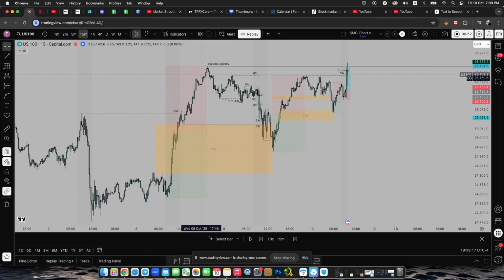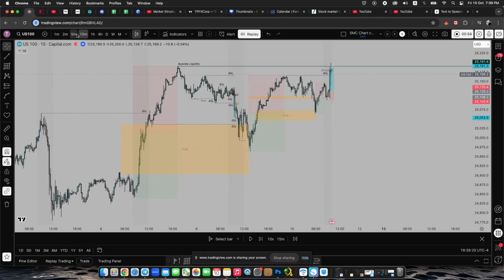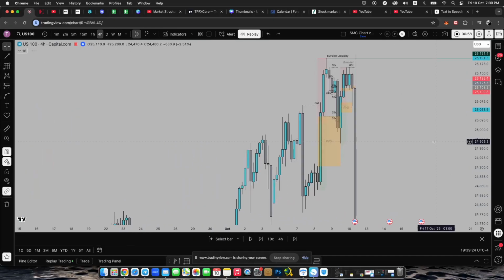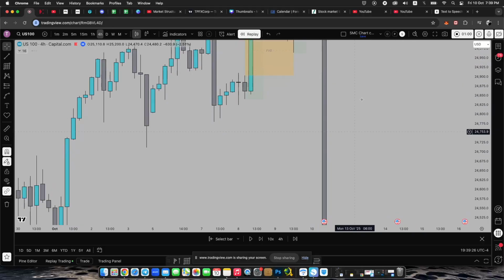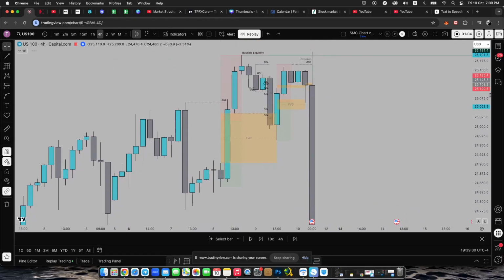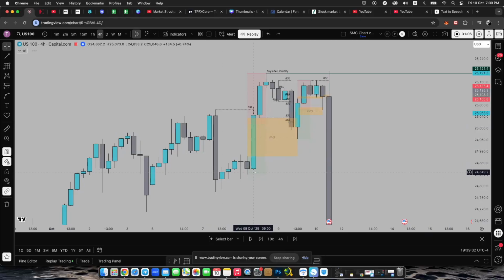Skyrocket. We had a big push to the upside, straight up. If we go to a higher time frame, this is the crash that happened today. I'll explain that later. But this push on Wednesday, right?